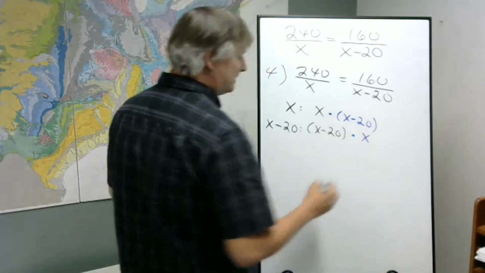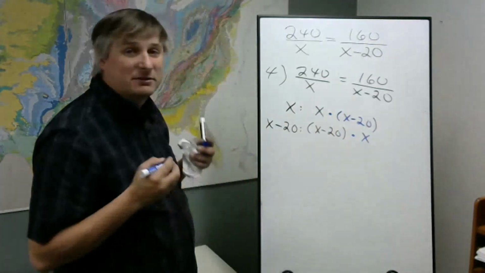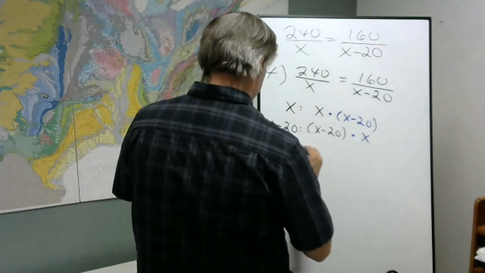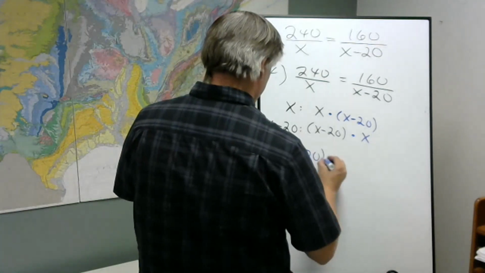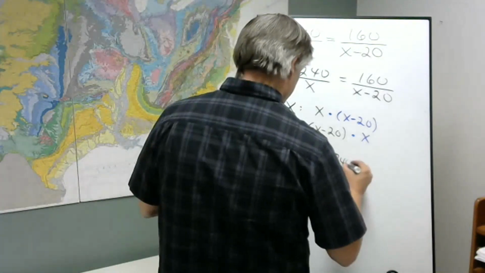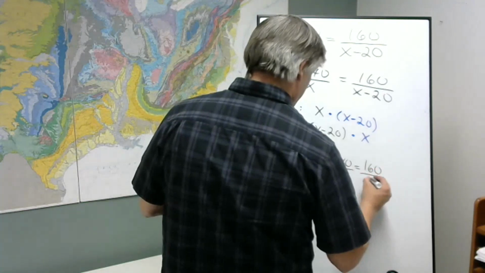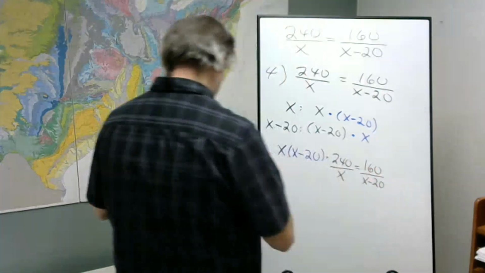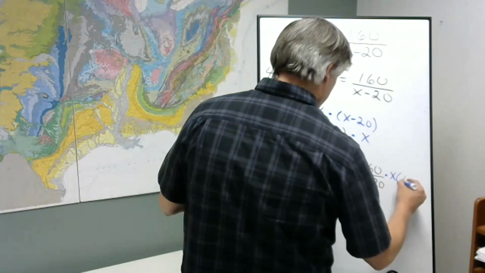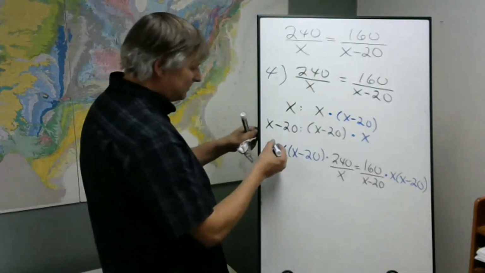This one needs an x. So we'll multiply by x times x minus 20. So we cancel.